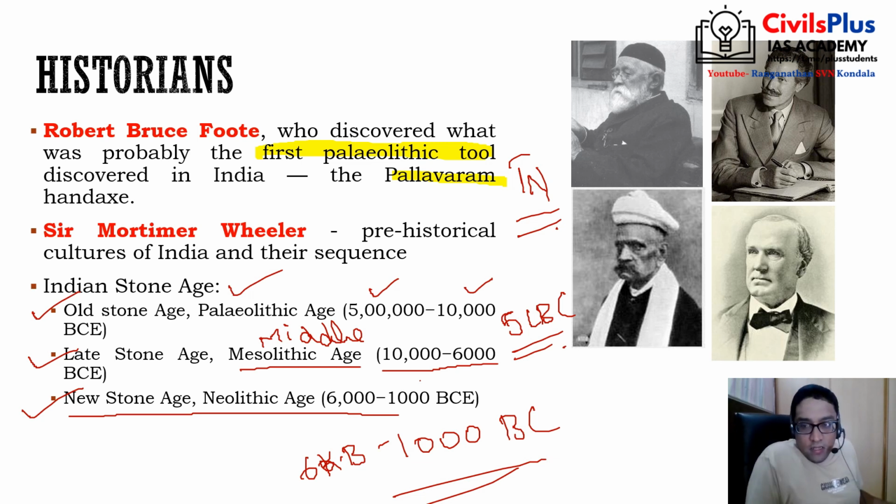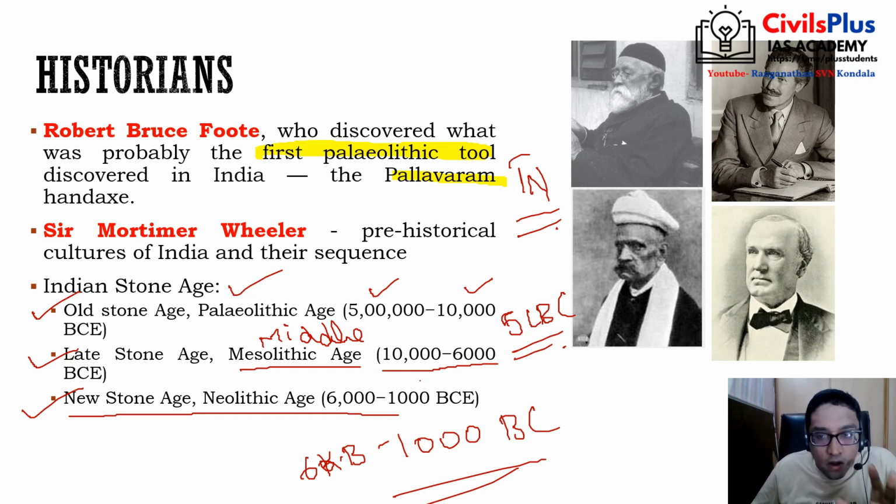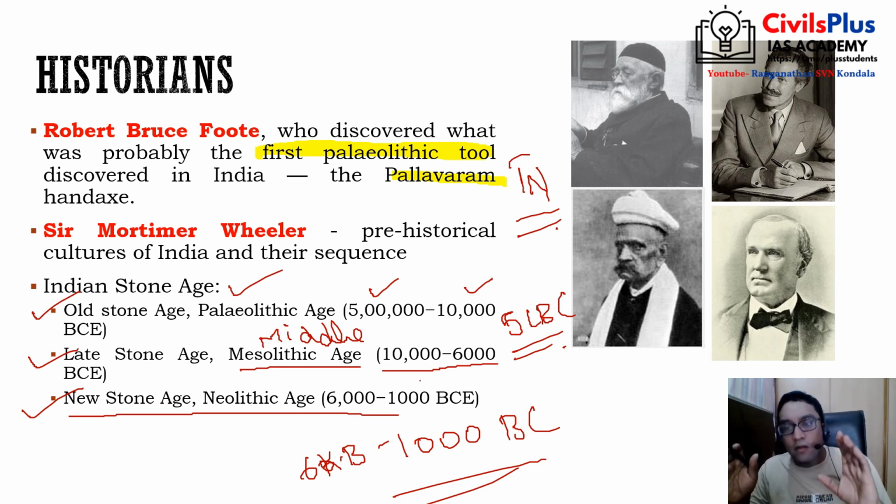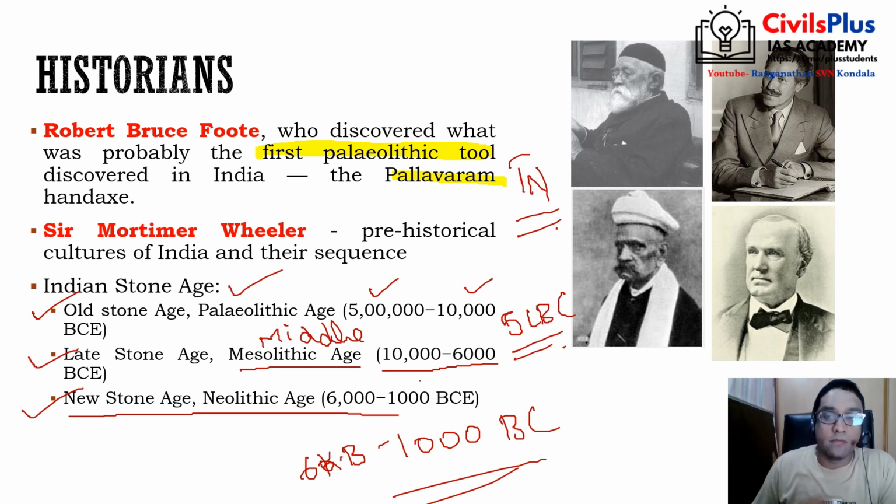Please do understand that this classification which Mortimer Wheeler gave is only a timeline basis of classification. It is not about giving you an exact date or exact time. It is about giving you a little idea.